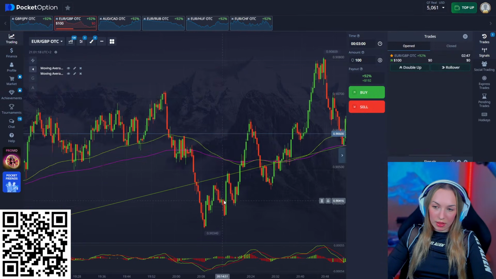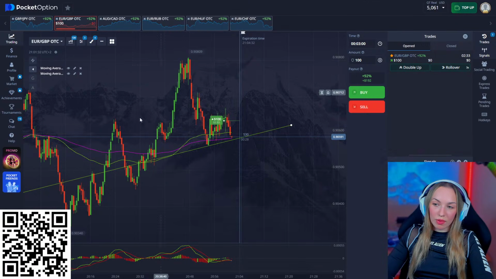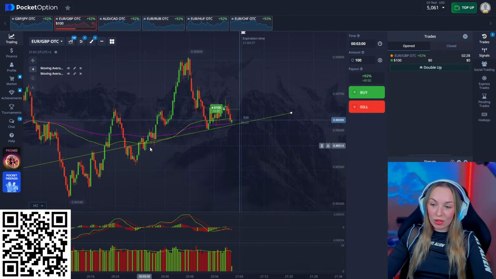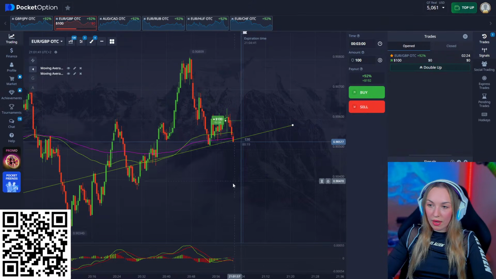I checked the signal, I think it was there. Or no, there was the signal to open the trade in the upward direction. So 10 minutes from here to here. So maybe 5 minutes were not enough. Or maybe again, I needed to listen to myself and to open the trades in the upward direction for 3 minutes only.